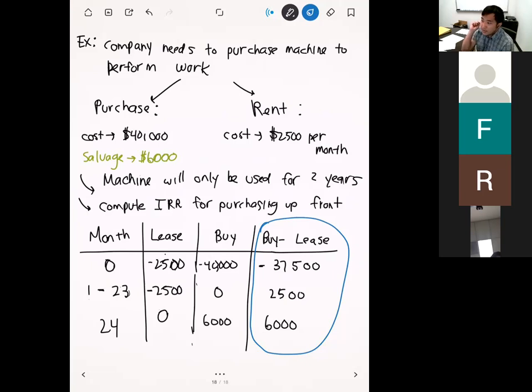And at the very end, because we can salvage the machine from purchasing it, we have a positive $6,000 cash flow, okay? Right. And so by taking this difference here, and the order that I chose for this difference was very deliberate, we can look at this problem of comparing the two as an investment problem.